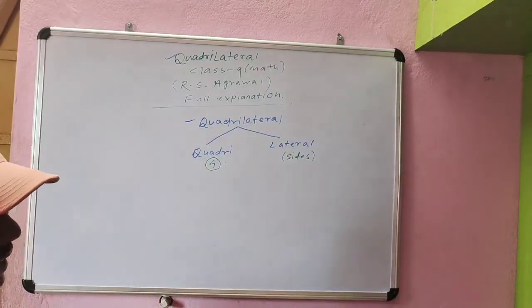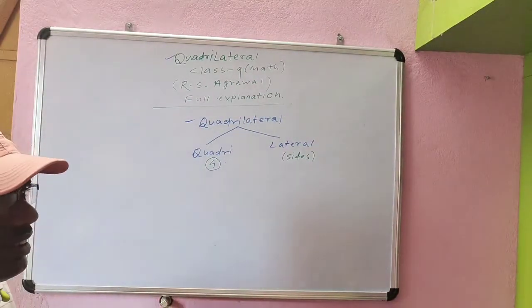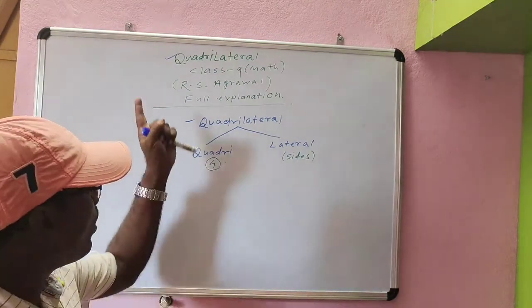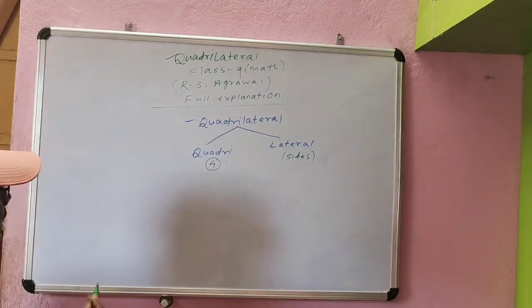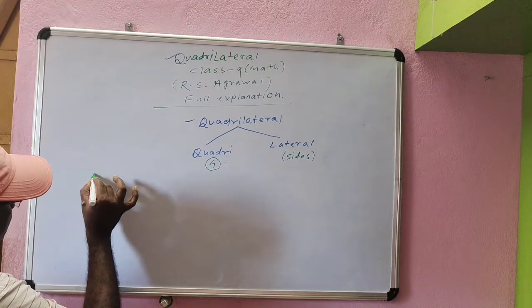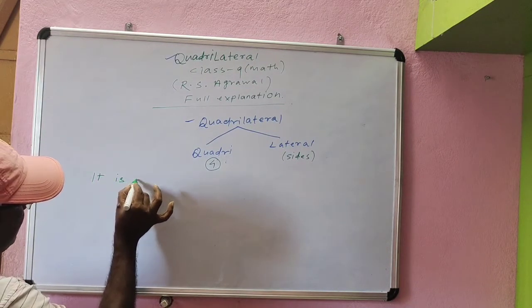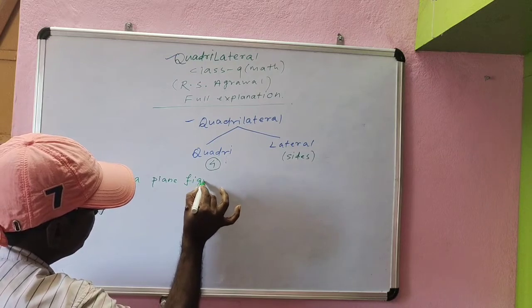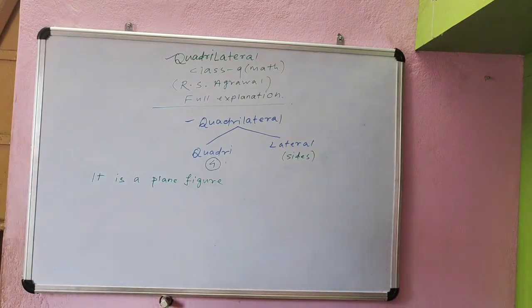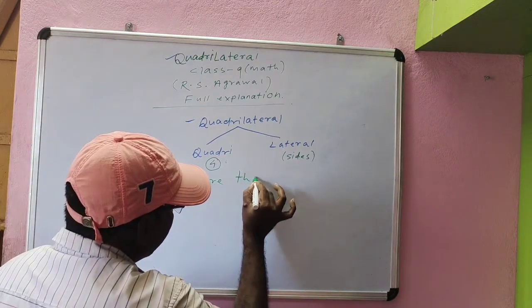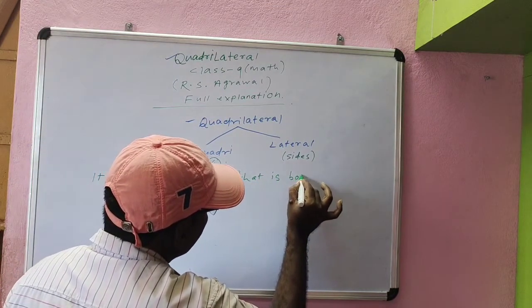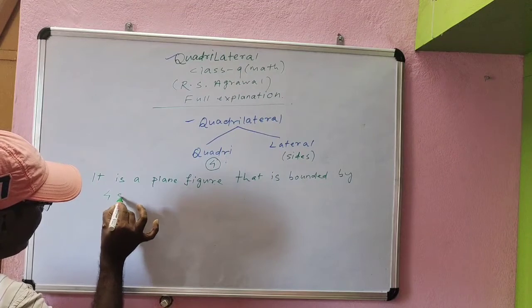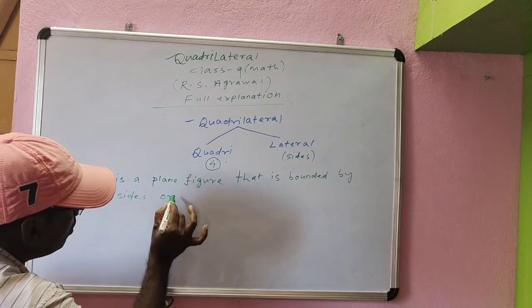So simply when one says quadrilateral, we mean that it is a plane figure that is bounded by four sides or line segments.